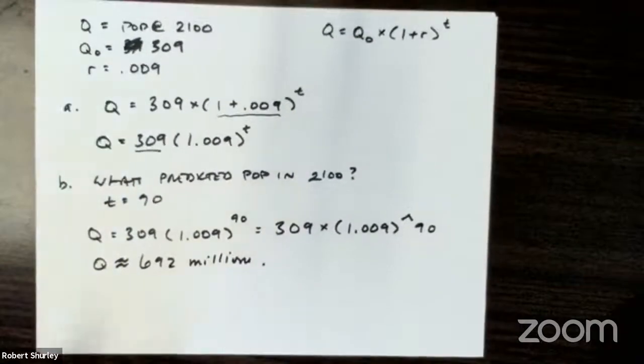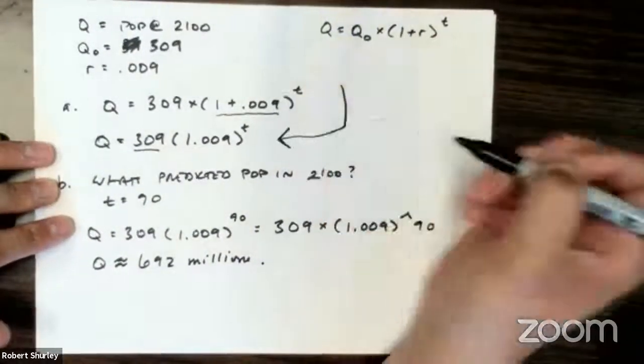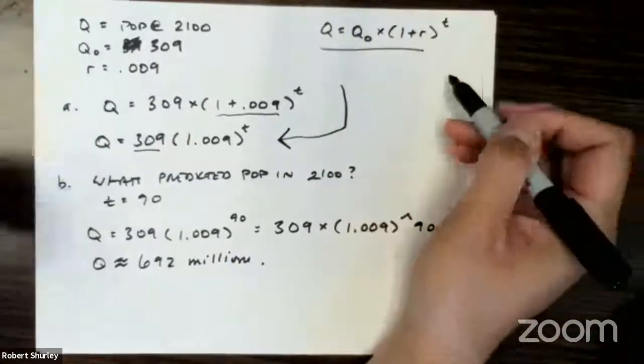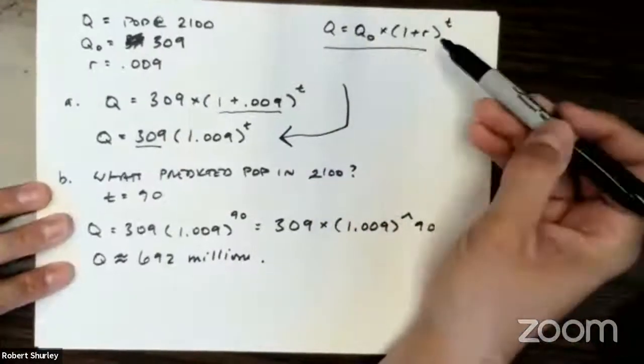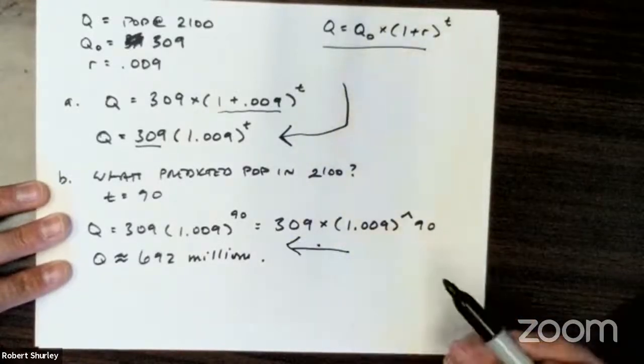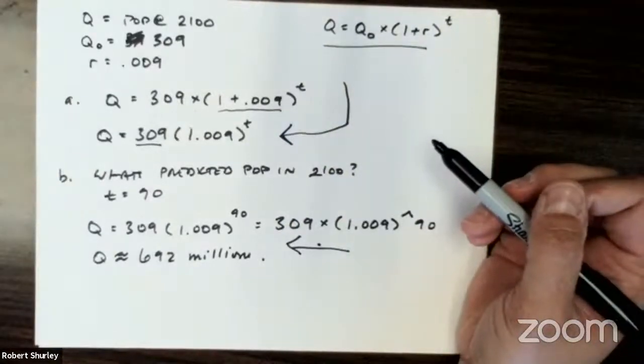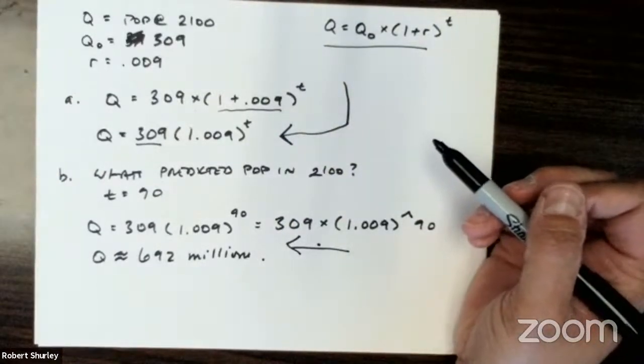But that's a really good example of creating the equation for exponential growth from the original model of an exponential, and then finding an output from the equation. A nice A-B type question.